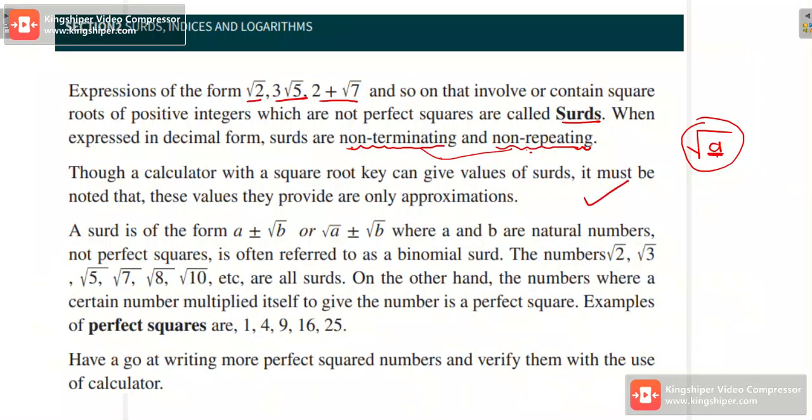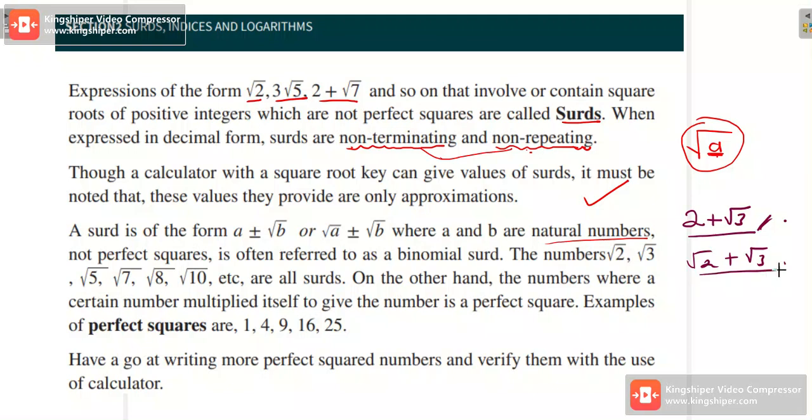So that is for this. A surd is of the form a plus or minus root of b, or root of a plus or minus root of b, where a and b are natural numbers. So we can also write surds as binomials. That is maybe a natural number plus the surd root of 3, or two surds put together. Example, root of 2 plus root of 3.